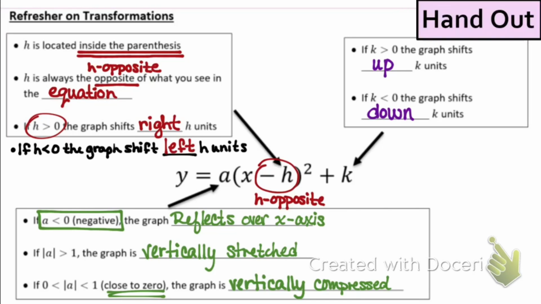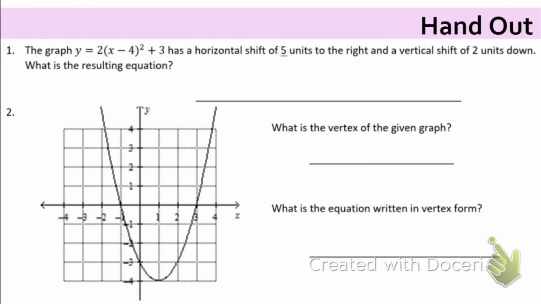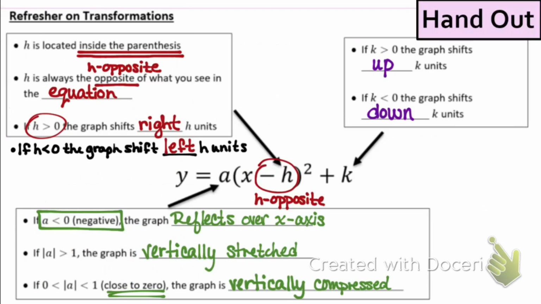So far, so good? We're going to look at the bottom part of the page now. We're actually going to do problem number 2 before we do problem number 1 on the bottom half of the front page. Oh, sorry. There's one thing I want you guys to add here.